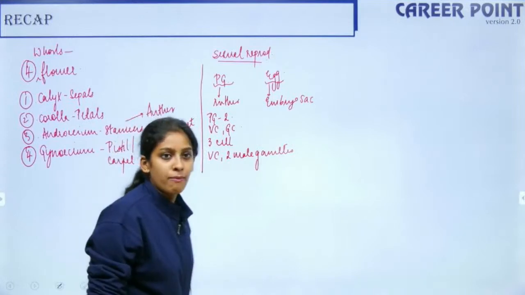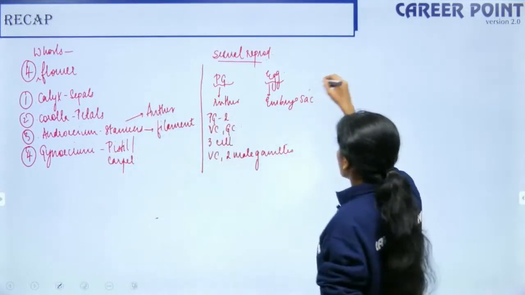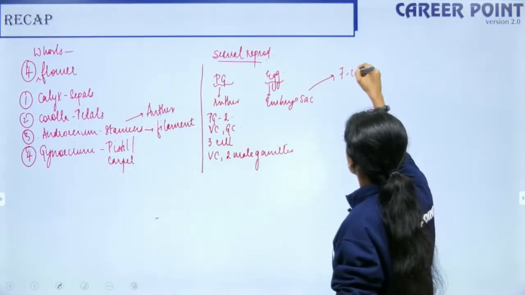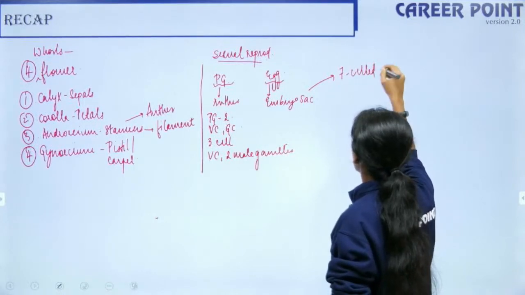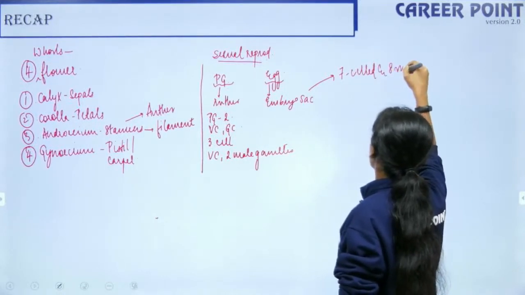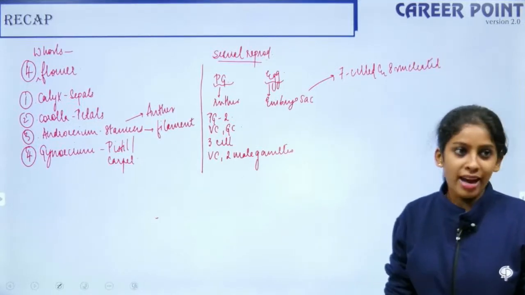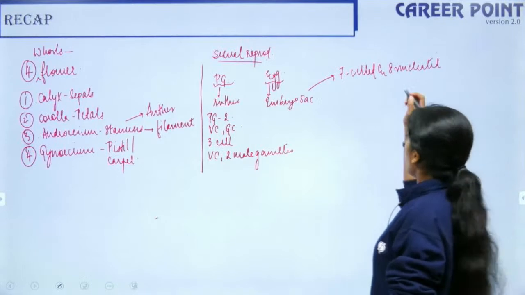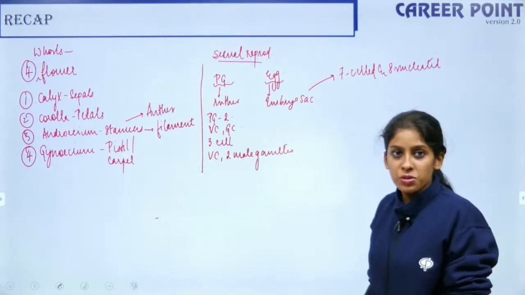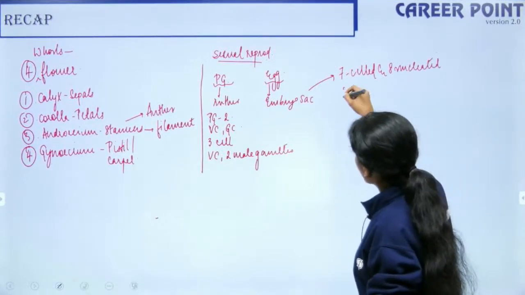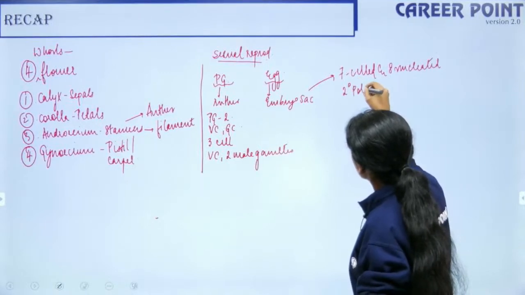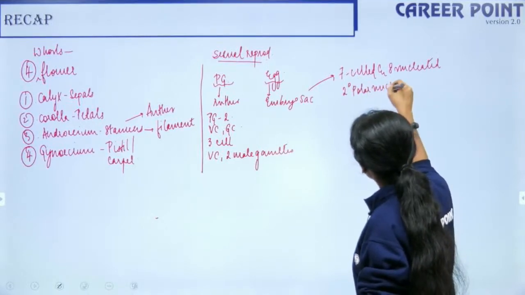How is a typical embryo sac? A typical embryo sac is 7-celled and 8 nucleated. What are the different parts of an embryo sac? You have secondary polar nuclei in the center.